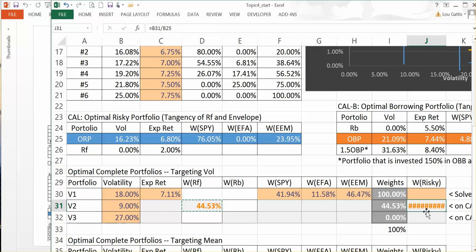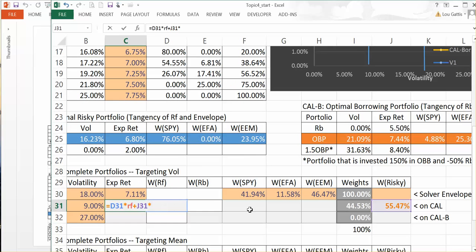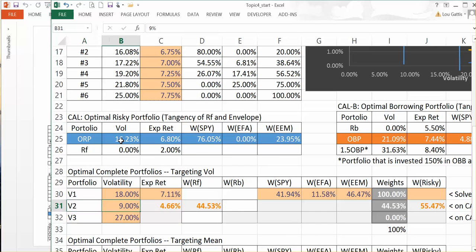I'll copy that format. Now the expected return of that portfolio is 45% earns the risk-free rate, and 55% is invested in this portfolio that has an expected return of 6.8. So that portfolio has an expected return of 4.66.